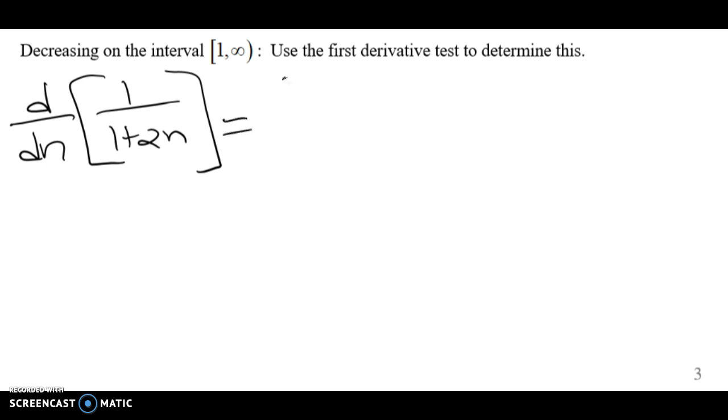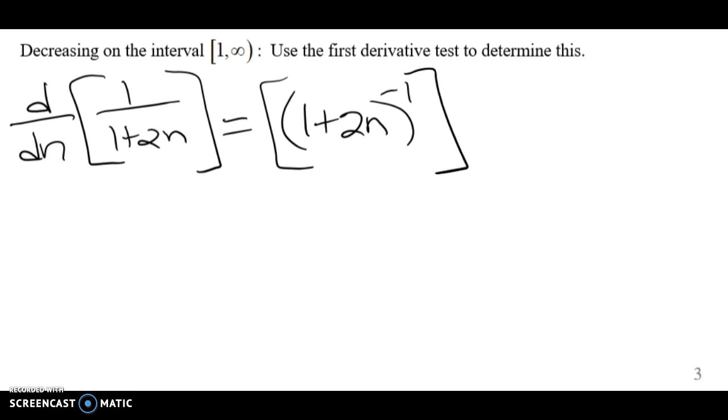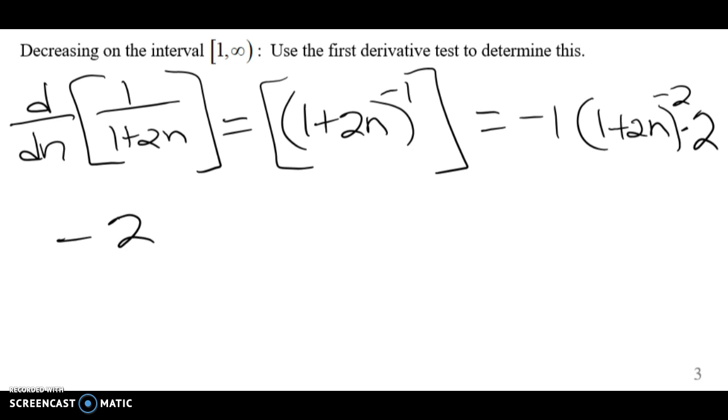I'm going to rewrite this as 1 plus 2n to the -1 power. Taking the derivative gives me -1 times 1 plus 2n to the -2 power times 2, the derivative of the inside. Cleaning this up, we have -2 over 1 plus 2n to the second power.